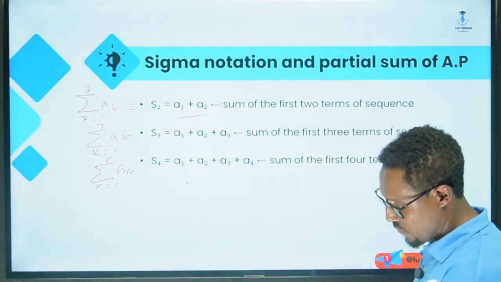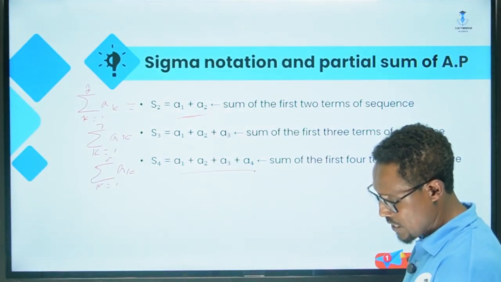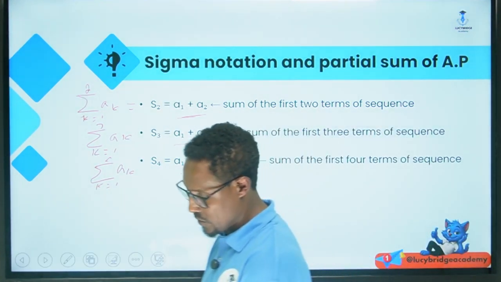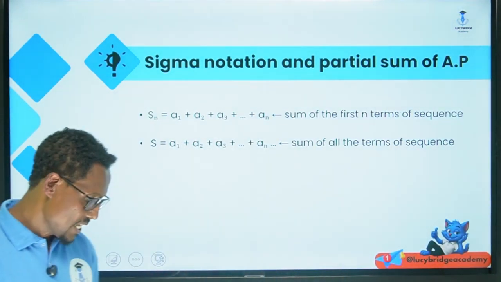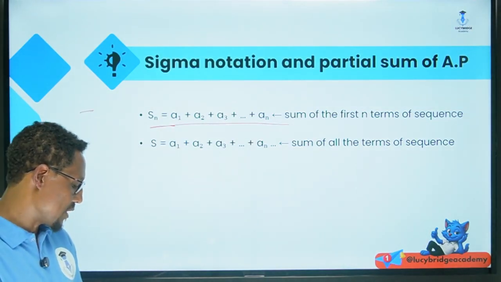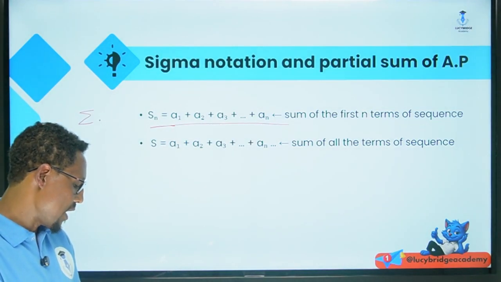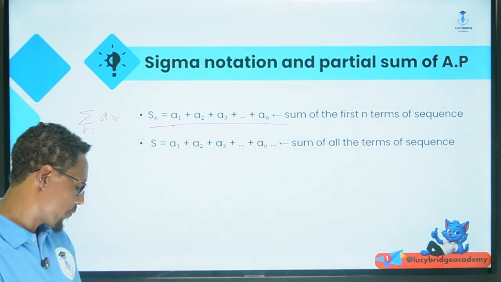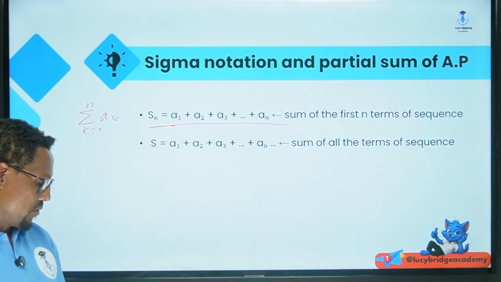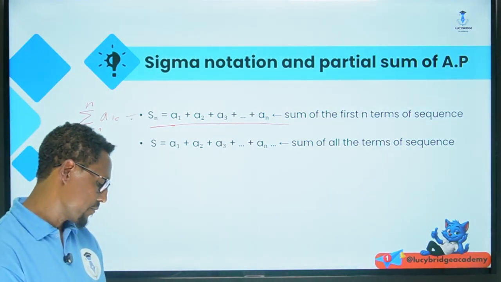The sum of the first n terms of an arithmetic sequence, written as summation of AK, where K starts from 1 up to n, we call it Sn.